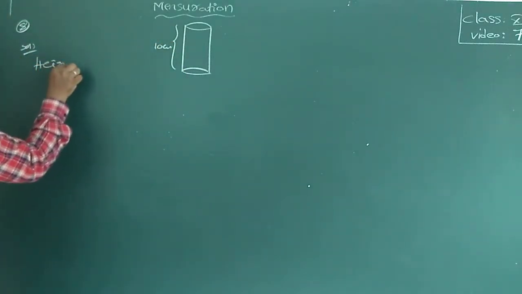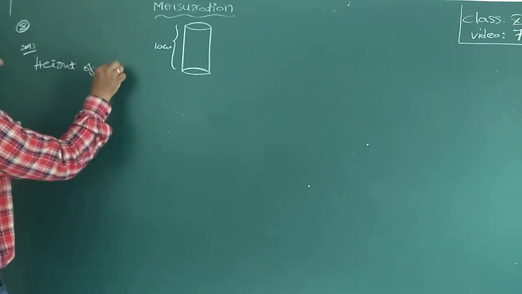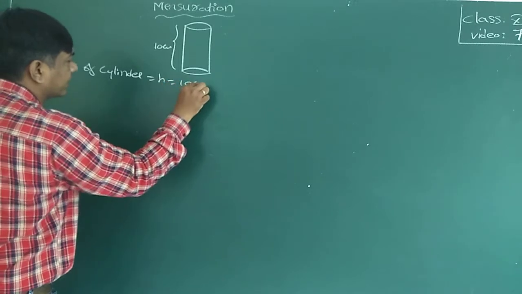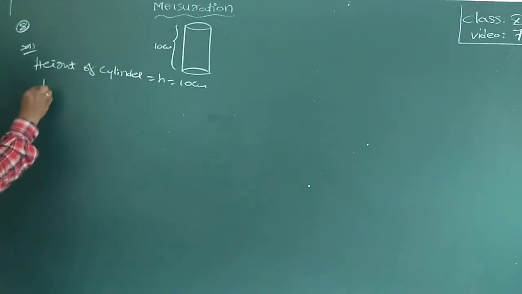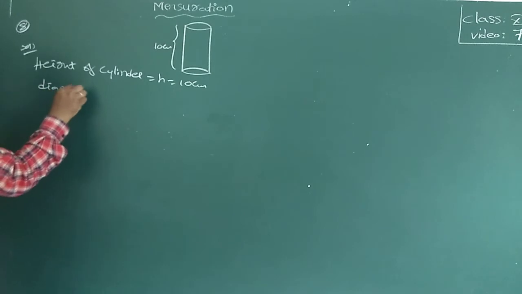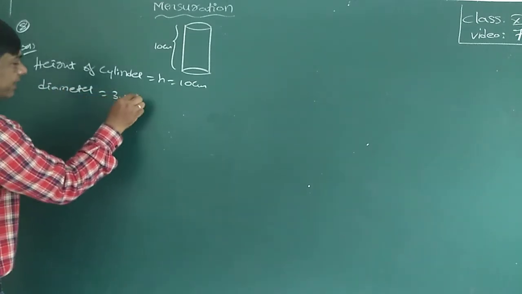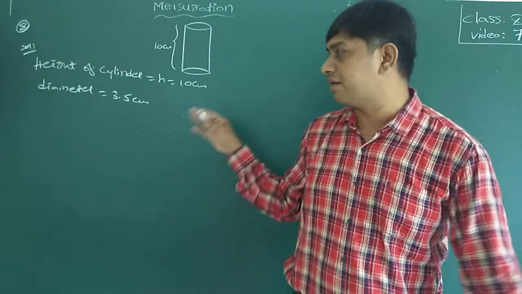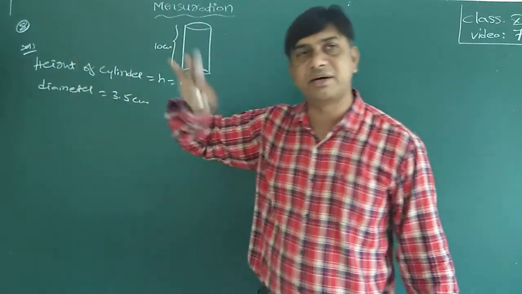Listen carefully. Height of cylinder h is equal to 10 centimeters and the diameter is equal to 3.5 centimeters. If the answer does not match, then take this as a radius and do it yourself.